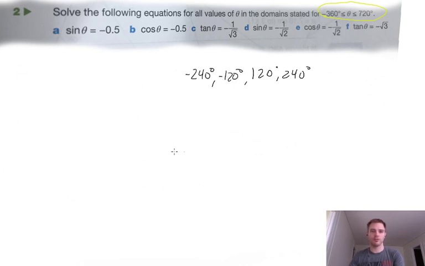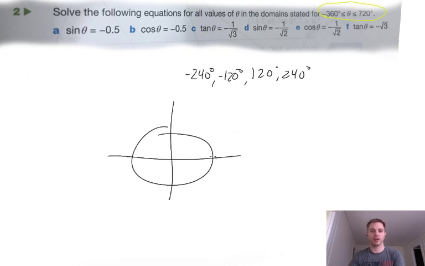Okay. And we can see on our unit circle that if we go back 120 degrees, we'll end here. And if we go back 240, oh, did I make a mistake? I may have made a mistake.